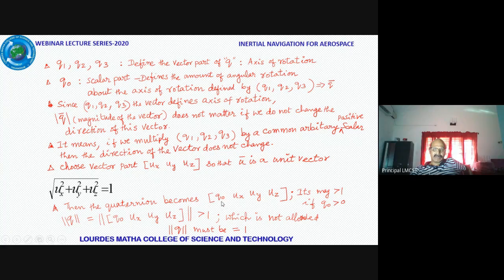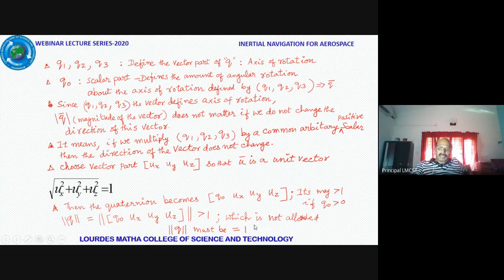But in our rotation quaternion, that is not allowed. We have made this unity magnitude. This is a non-zero number, meaning the total magnitude will become more than 1. And that is not allowed. We want to ensure the magnitude of the whole thing is 1, because when we use this quaternion for rotation, rotating a vector or rotating a frame, it should not change the magnitude of the vector we are transforming from one frame to another.